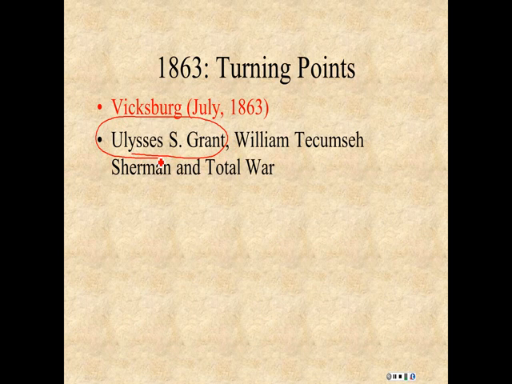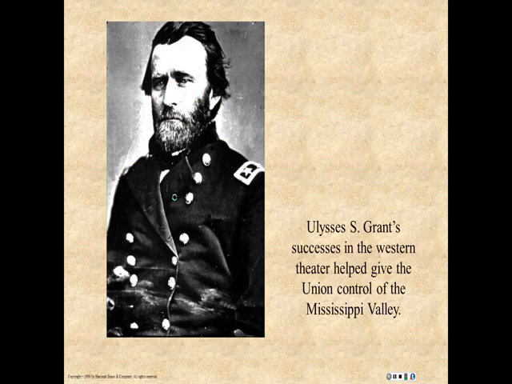And it is Grant then who initiates his strategy of total war, carried out by himself as well as William Tecumseh Sherman here, who then really take the campaign to the South. I mean, Sherman's campaign in Georgia is the sort of perfect example.